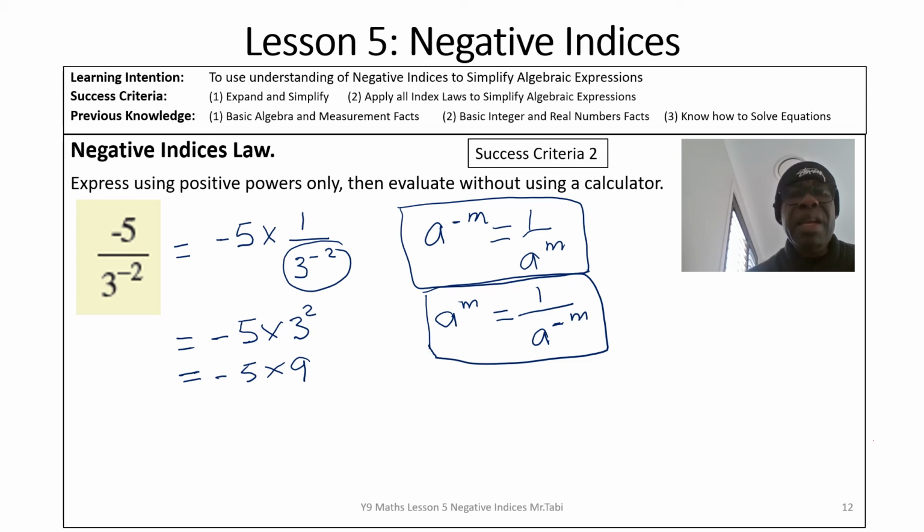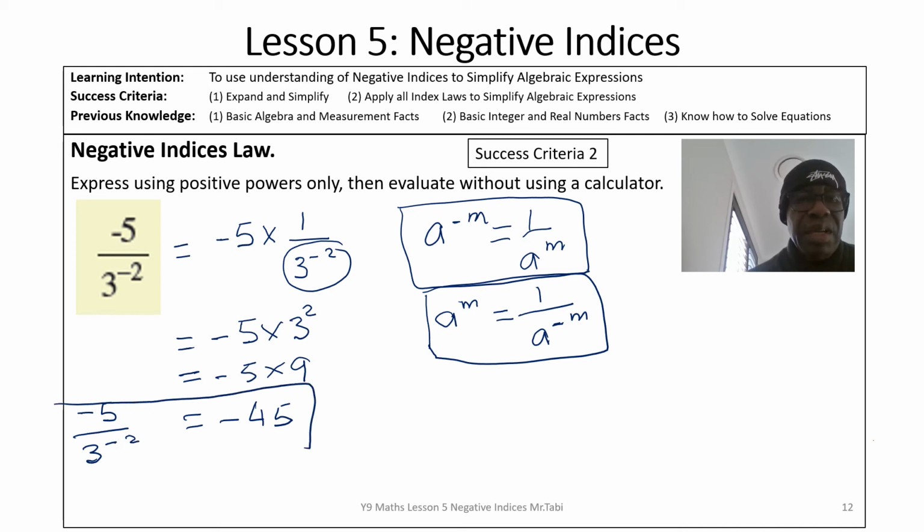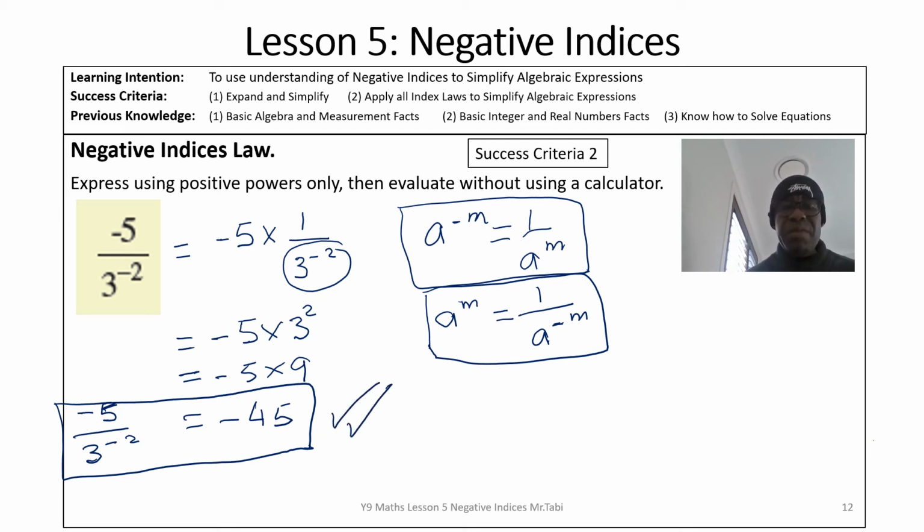Now remember, negative times positive will give us a negative result, and 5 times 9 is 45. So minus 5 over 3 to the power minus 2 is simply that. That's minus 5 times 9. That gives us minus 45. It's minus 45.